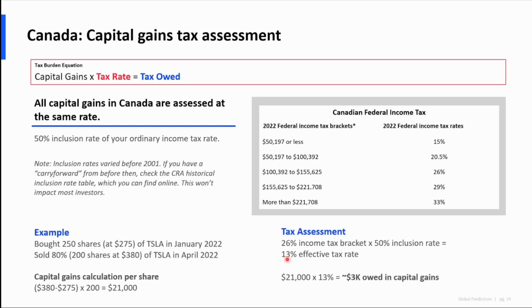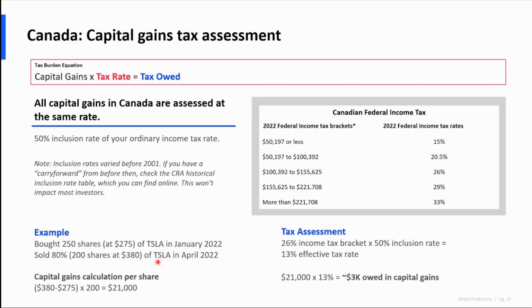Just to hammer home an example, this one's a little bit more complicated, so bear with me. If you bought 250 shares of Tesla and then sold 80% of them, and your entry price, just one entry price, so that makes it your cost basis, is 275, and your exit price was 380.